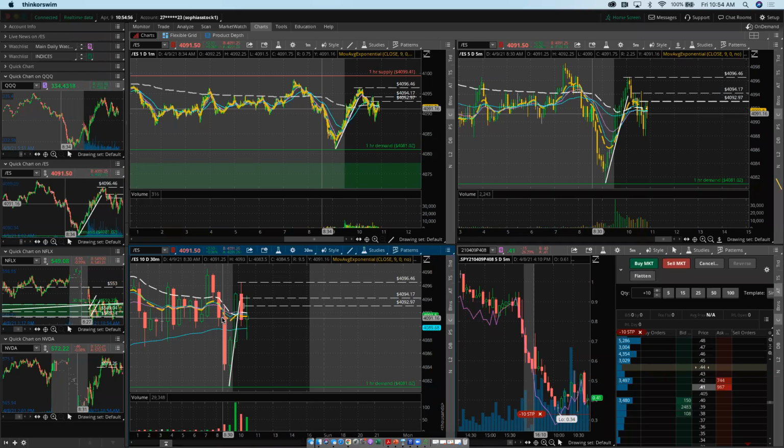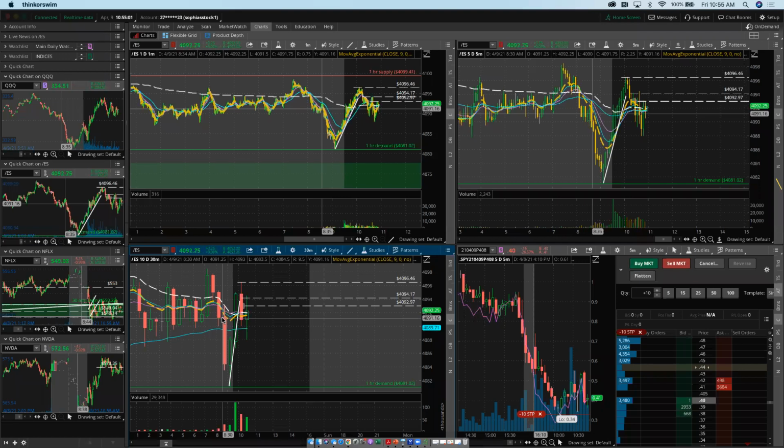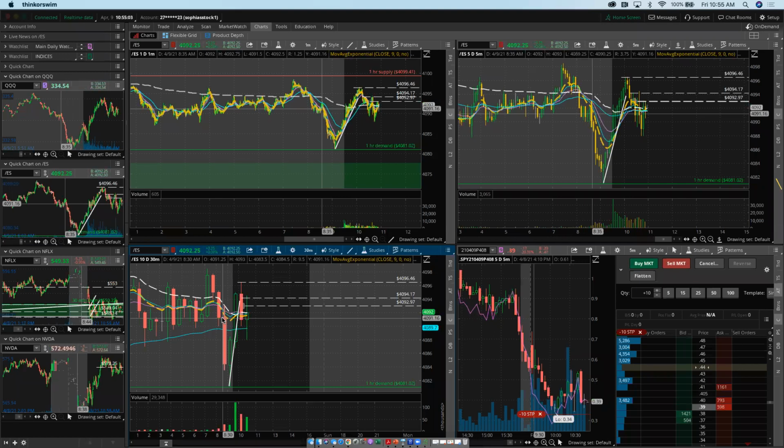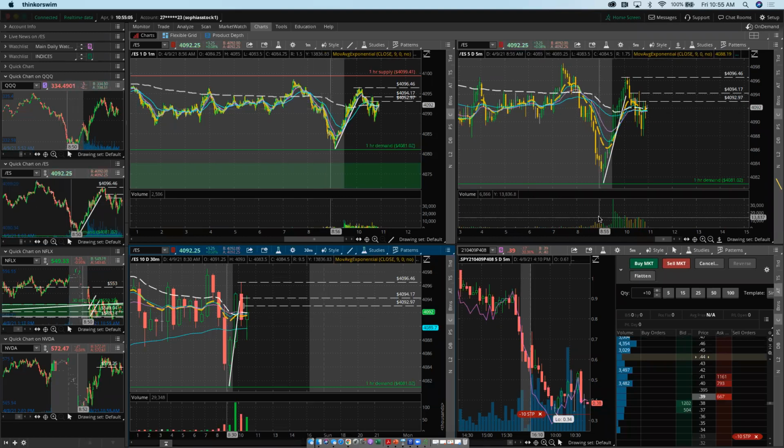So I just have to be patient and wait for it. A double top, that's beautiful. I need a rejection. Is it going to push up? Is it going to kick me out or is it going to dump some more? What you gonna do?